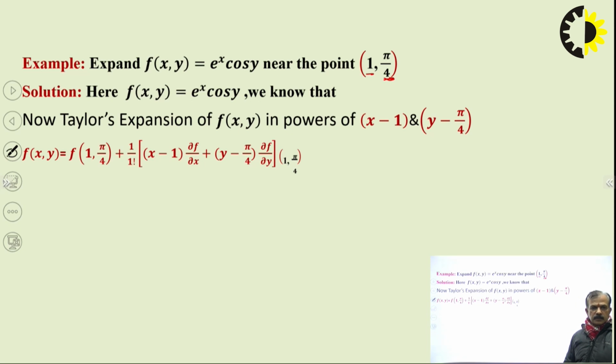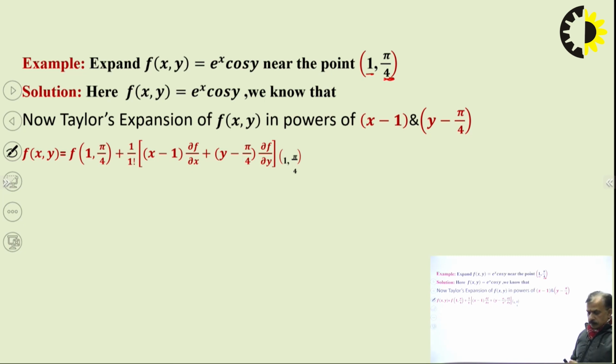So the formula is f of x y equal to f of 1 comma pi by 4 plus 1 upon 1 factorial into x minus 1 into del f over del x plus y minus pi by 4 into del f over del y at 1 comma pi by 4, that means at x equal to 1 and y equal to pi by 4.